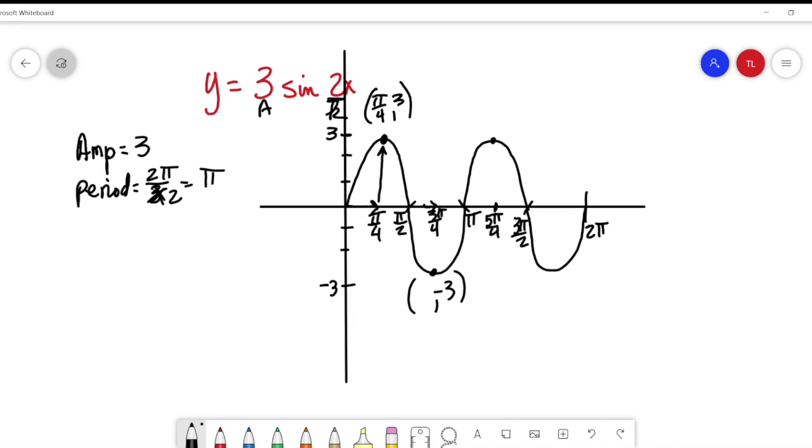Wouldn't you agree with that? 5 pi over 4? How high is it? Now what's that one? Well, this is 5 pi over 4. This is 6 pi over 4. So that's 7 pi over 4, and that's down here. I didn't put 3/4 here. All right, that's 7 pi over 4. Then -3.